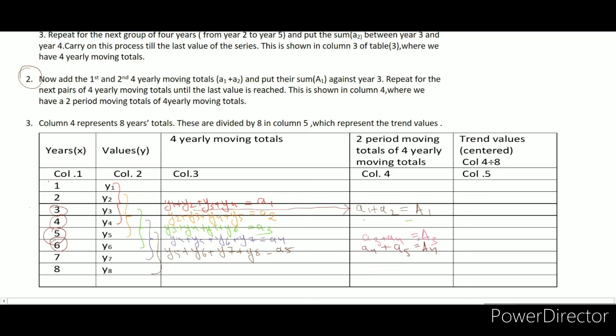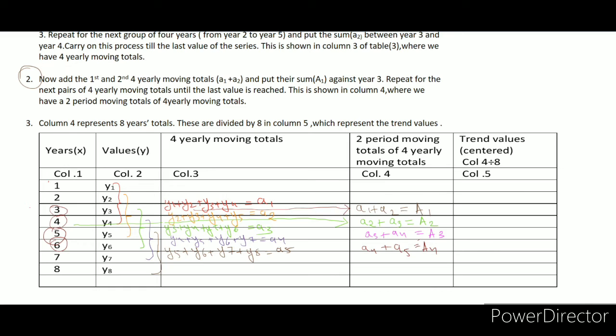So you have here A2 plus A3 equal to capital A2, and this part here A3 plus A4 equal to capital A3. So you have this value, there it is assigned against year 3.